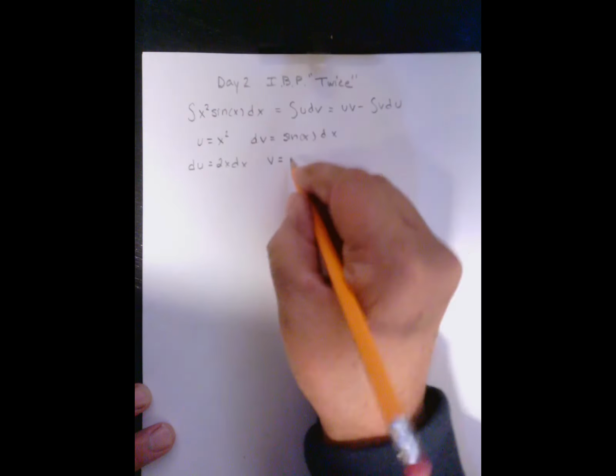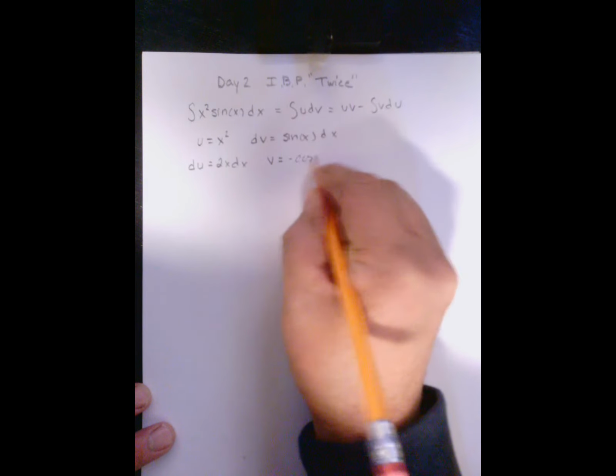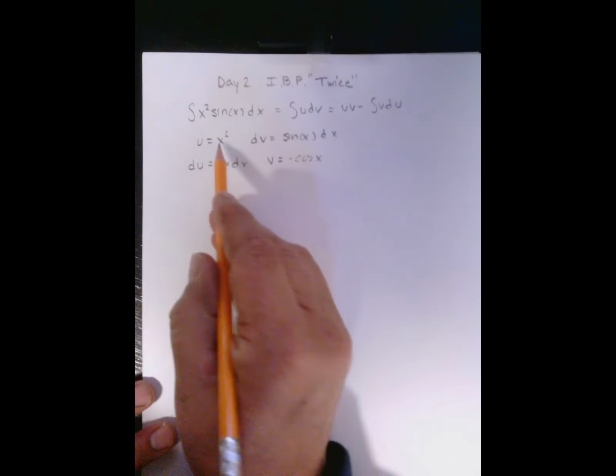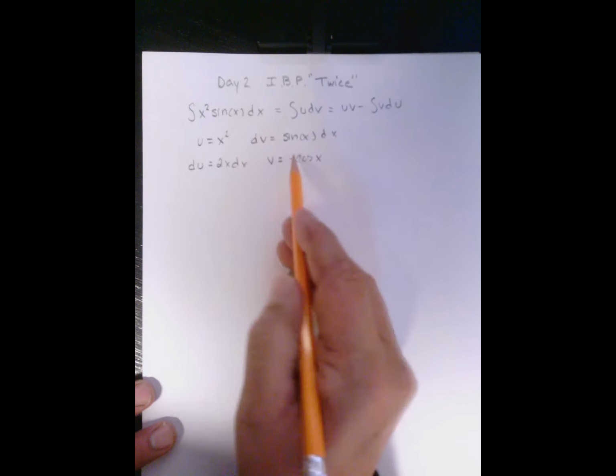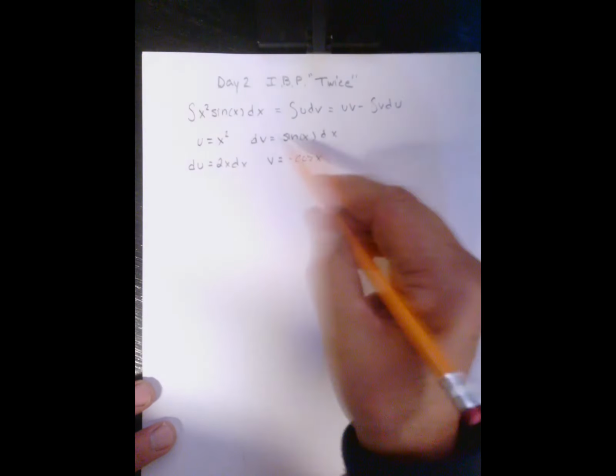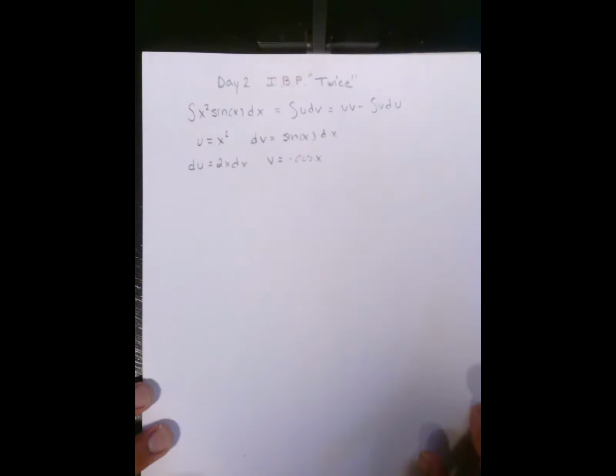Here, v must have been negative cosine of x. Finding v requires integrating my choice for dv. You have to be able to do that.